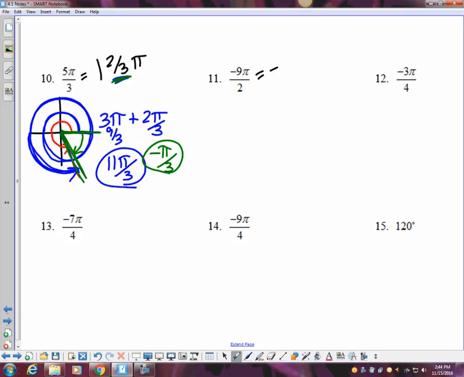Okay, let's see. This is negative 4 1/2 pi. So let's see. 1, 2, 3, 4 1/2. There he is, due south. Now, did I loop? Oh, heck yeah, absolutely, several times.